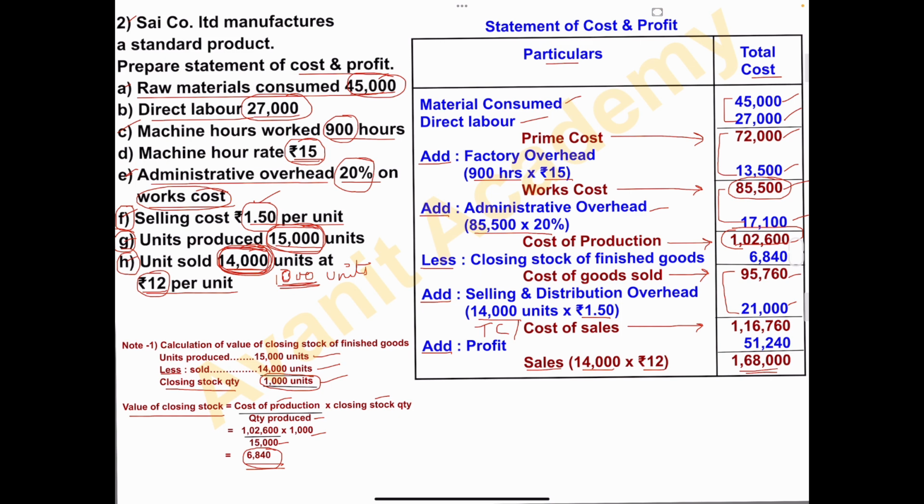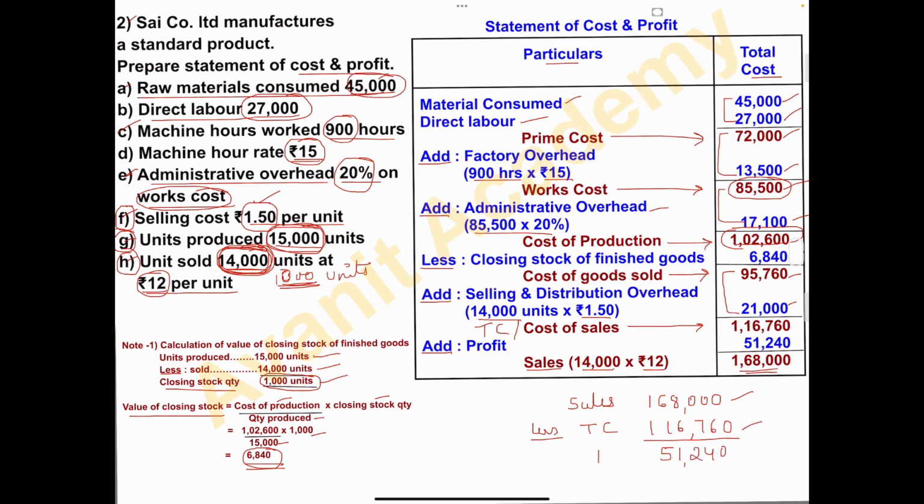From this 1,68,000 minus 1,16,760: the sales amount is 1,68,000 less total cost amount, that is, cost of sales, 1,16,760. Subtracting this from 1,68,000, you will get the difference amount 51,240.